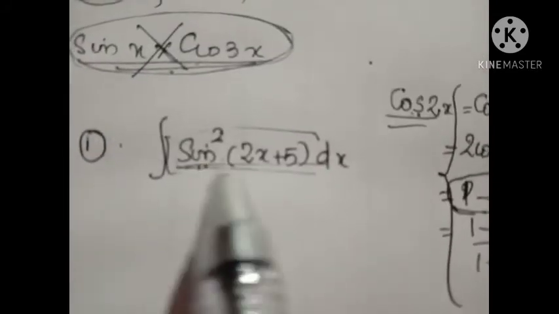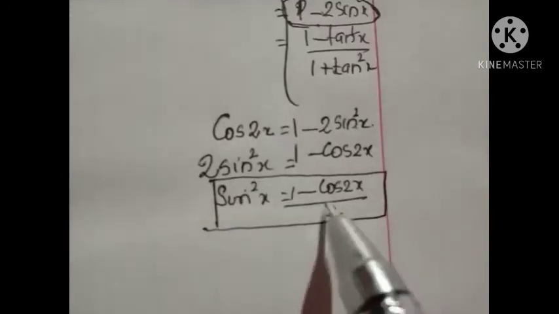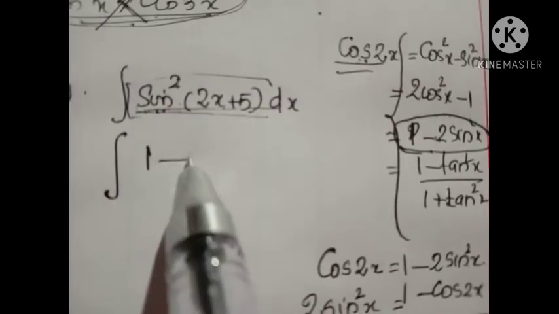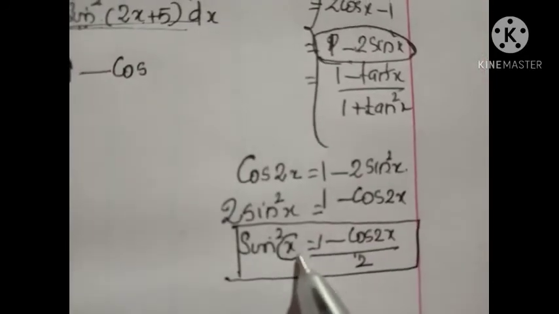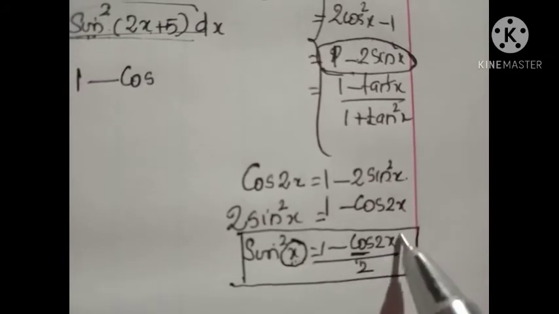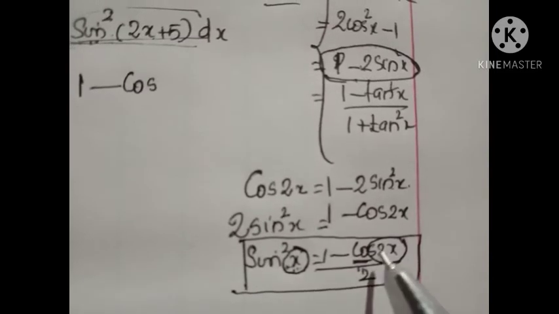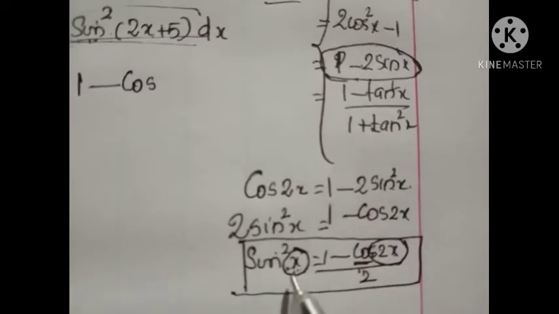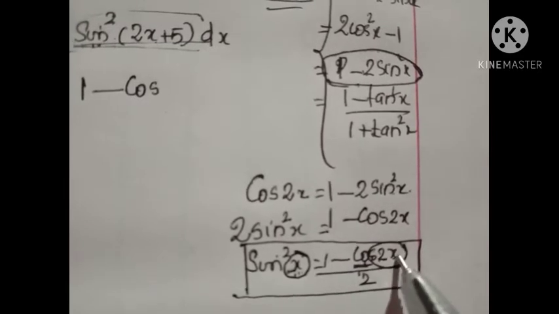So sine square (2x plus 5) can be written as integral of (1 minus cos of ...). Listen, if the angle is x, then we take cos of double the angle. If it is 2x, this becomes cos 4x. If it is 6x, it becomes cos 12x.